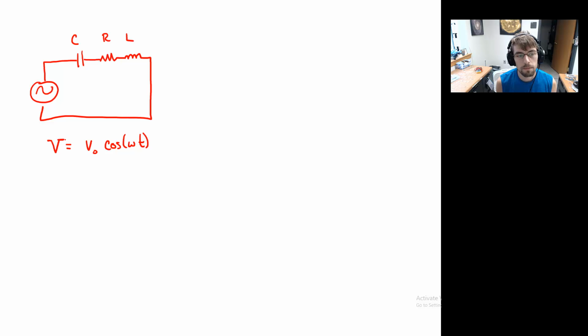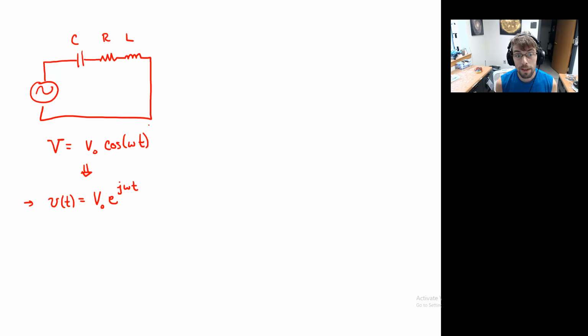So I said if we express our potential in terms of Euler's relation, I will go ahead and model this as V of t equals V naught e to the j omega t. So now I have expressed my potential using Euler's relation.